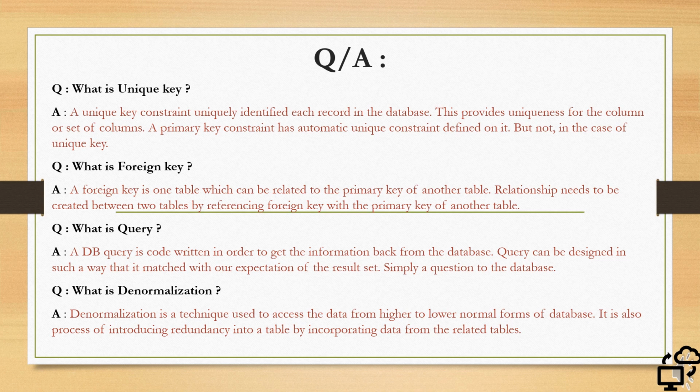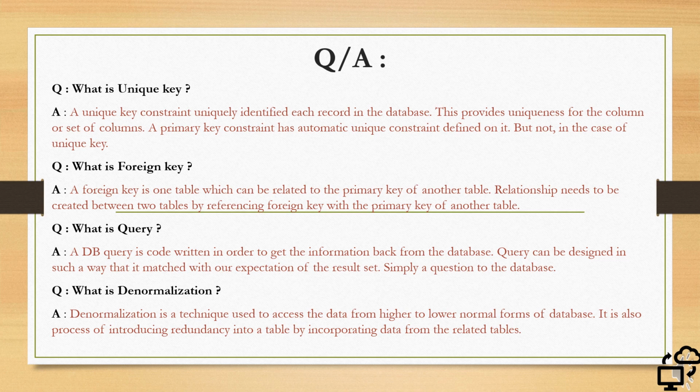What is a unique key? A unique key constraint uniquely identifies each record in the database. This provides uniqueness for the column or set of columns. A primary key constraint has automatic unique constraint defined on it, but not in the case of unique key. What is a foreign key?